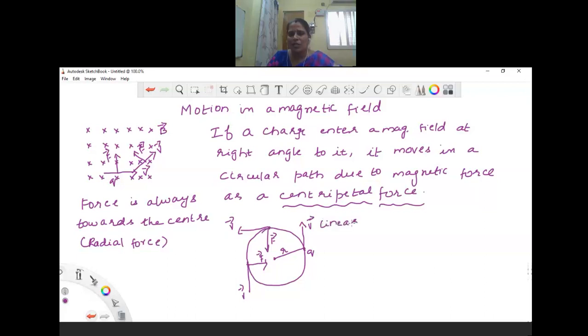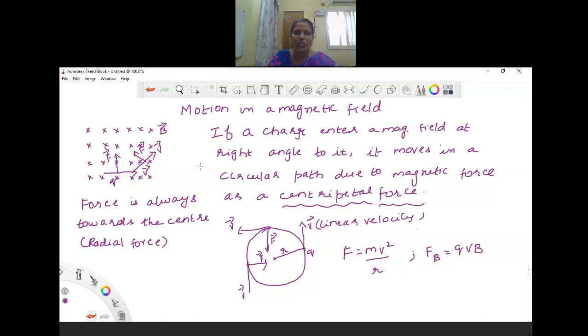Now, this centripetal force is mechanically equal to, what is the formula for centripetal force? You have learnt in your 11th standard, F is equal to mv squared by r. Here, this centripetal force is due to what? Magnetic force, that is the magnetic Lorentz force, whose formula we know is qvB.